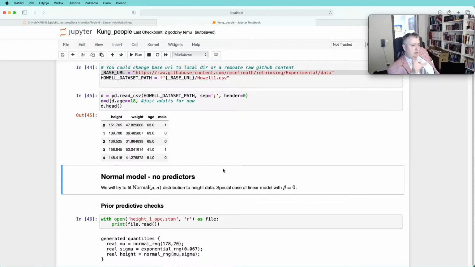So let's get a normal model and get it working. It's a special case of a linear model with beta parameters fixed to 0. We will start with prior predictive checks, which you should be already familiar with. We will assign priors for our parameters.